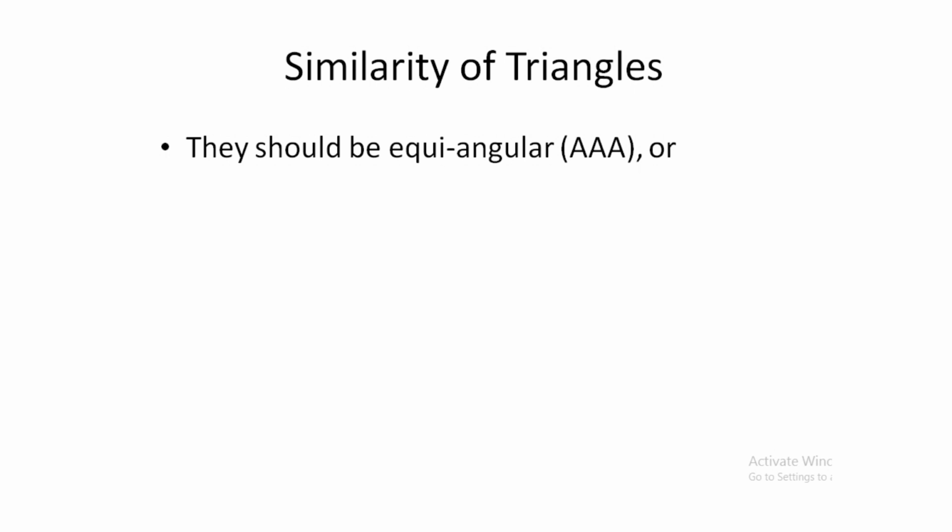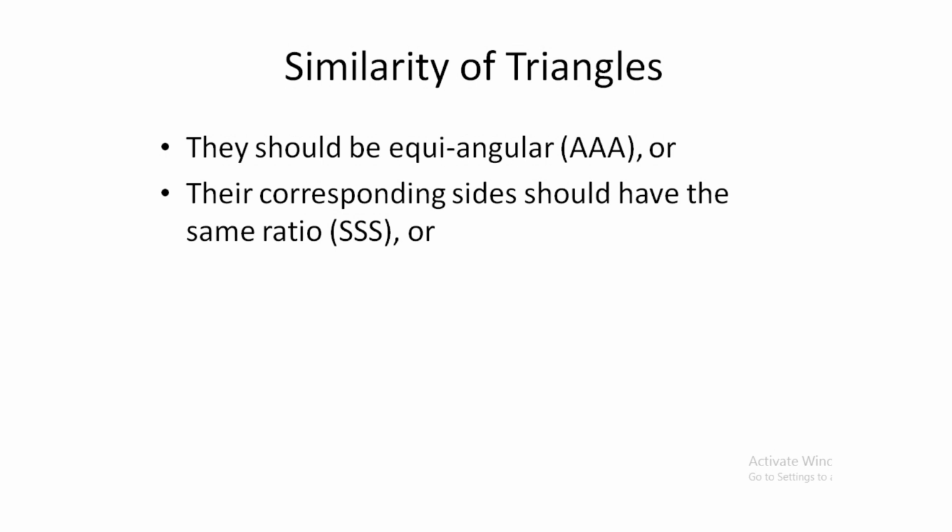So if the angles are all equal to each other in both the triangles, then the triangles are going to be similar. The other condition for similarity of triangles is that the corresponding sides of both the triangles should have the same ratio, and I mean all the three sides of each of the triangles. If they have the same ratio, then those two triangles are going to be similar to each other.